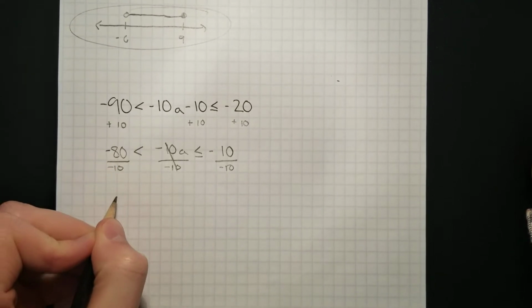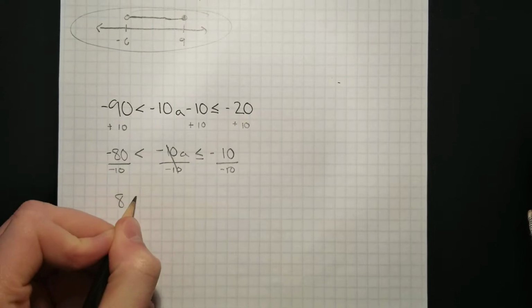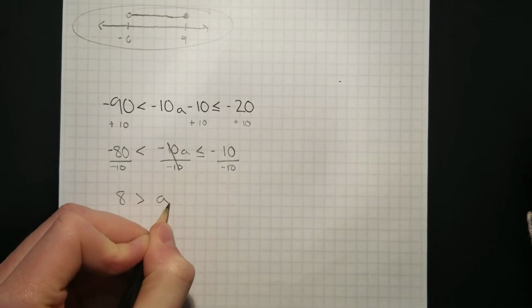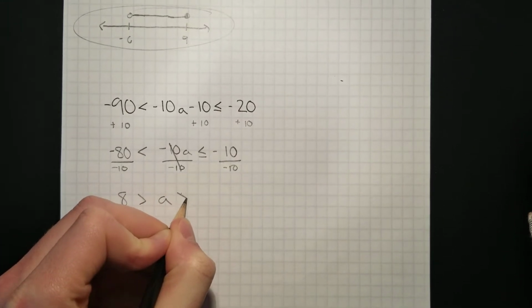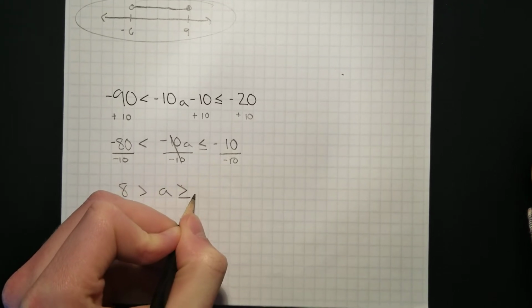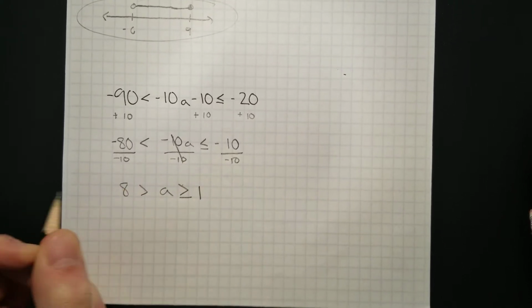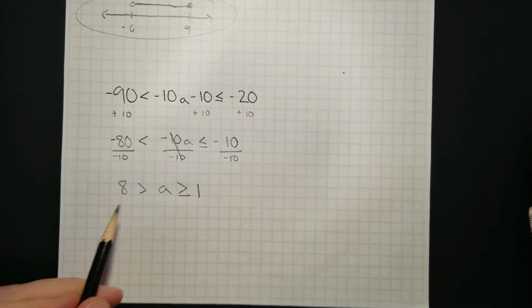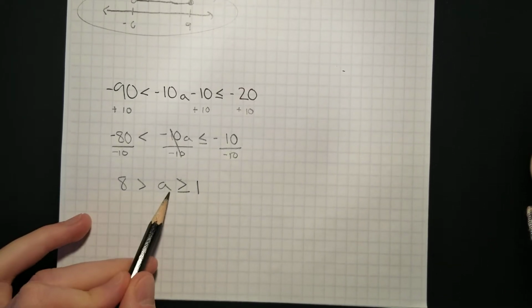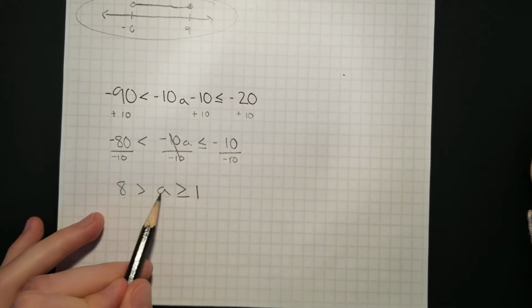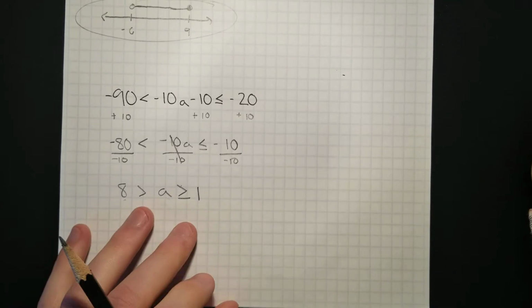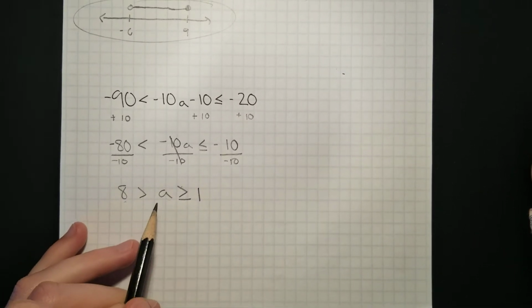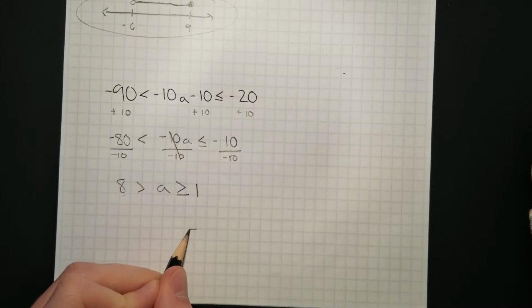Negative 80 divided by negative 10 is positive 8. The a goes in the middle. That one flips as well, and that becomes positive 1. Now we need to think, is it possible for some number to be less than 8 and greater than 1? That's true. There are plenty of numbers that are less than 8 and greater than 1. So we can graph this one.